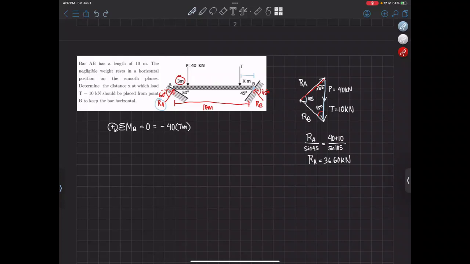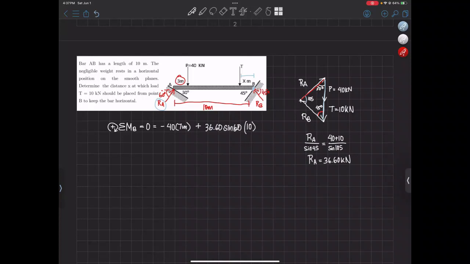So RA is 36.60, and it's going to be a positive one because it is going clockwise. And then we have to make it sine 60. Multiply, never forget that, multiply by 10.